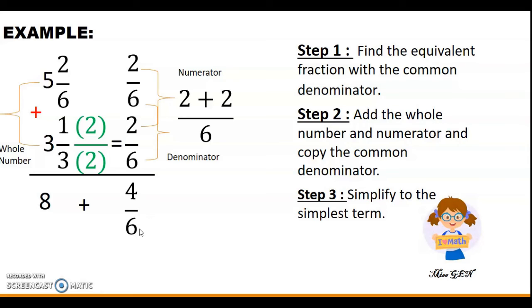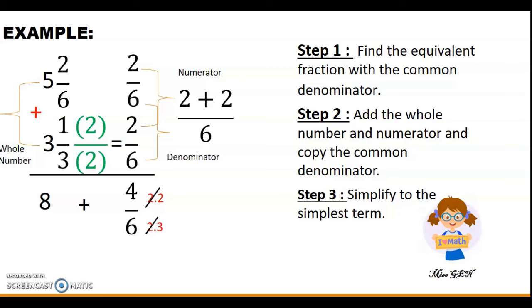Since 4 over 6 can be simplified to the simplest term, that will be our third step. Simplify your answer to the simplest term. So we will factor 4 and 6. So the factor of 4 is 2 and 2, and the factor of 6 is 2 and 3. So cancel out the common factors, and the remaining factors will be our fraction.